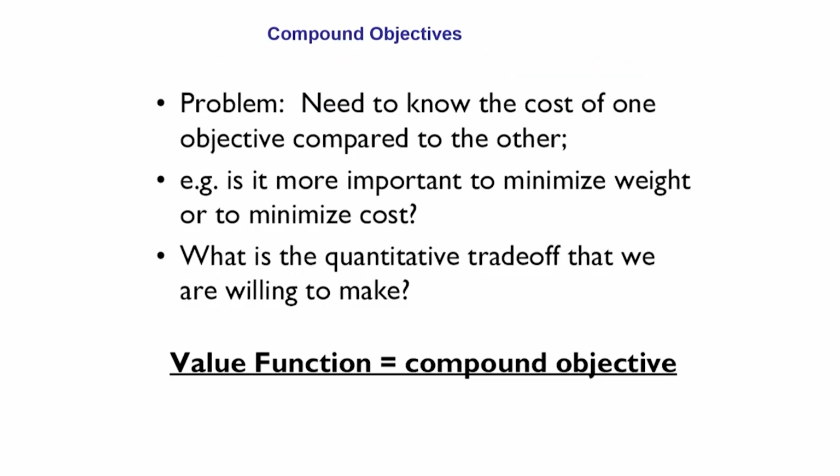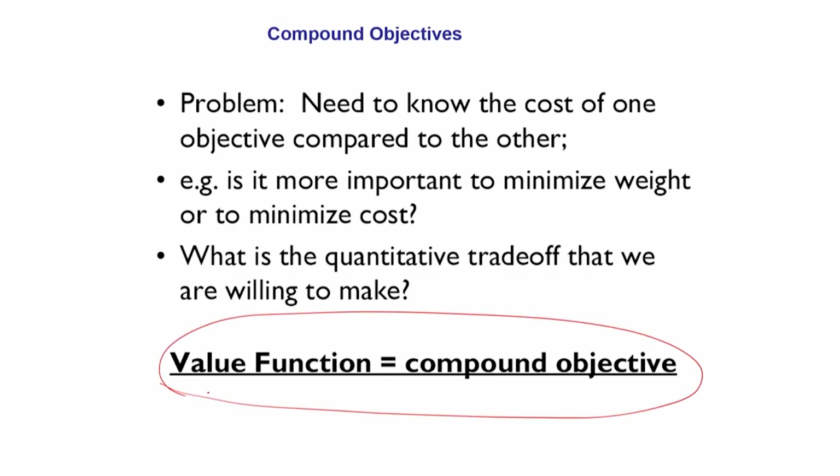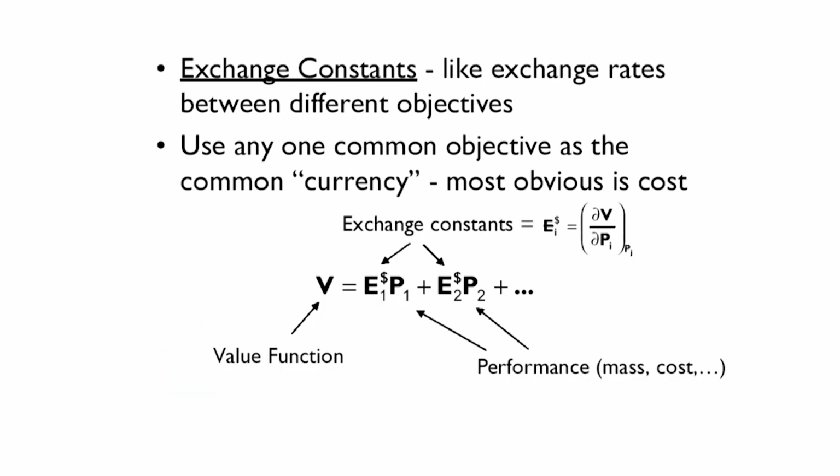Now, sometimes we can keep it as a compound objective problem, and what we look for is something called a value function or a compound objective problem. What we require in a value function is that we need to know the exchange constants, right. That means, if I have a value function with two properties, then what is dou V dou V, and that is going to give me the exchange constant.